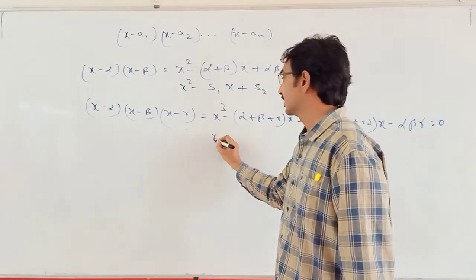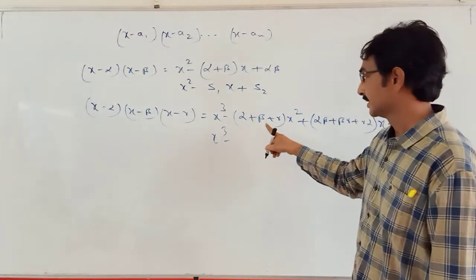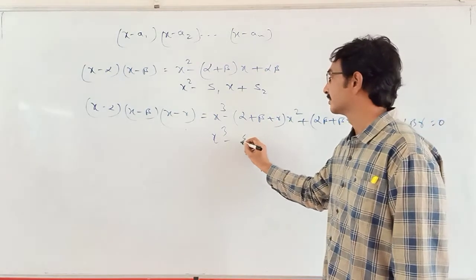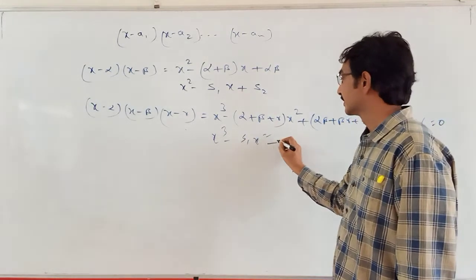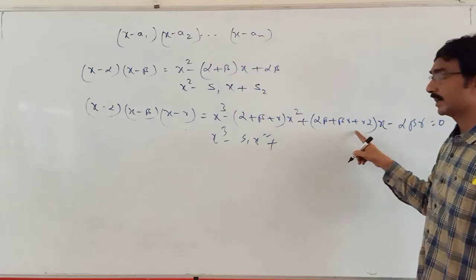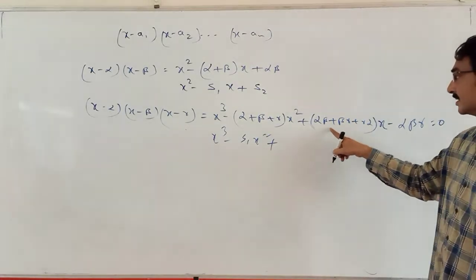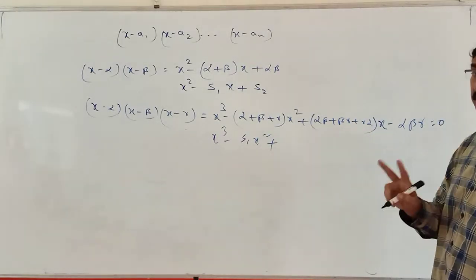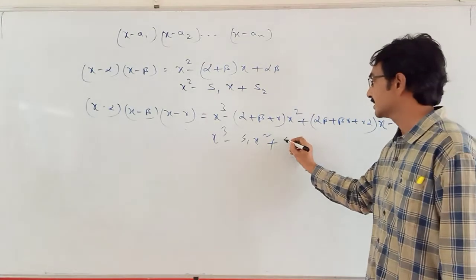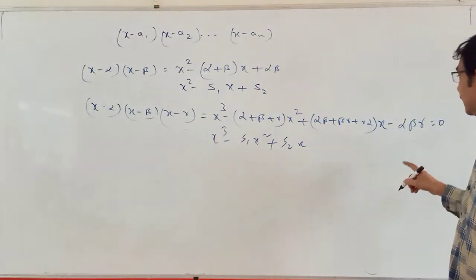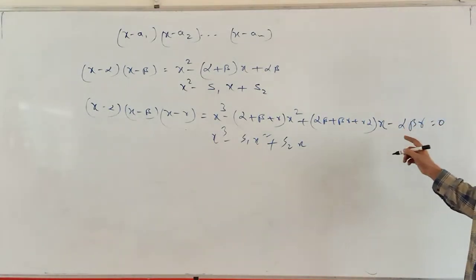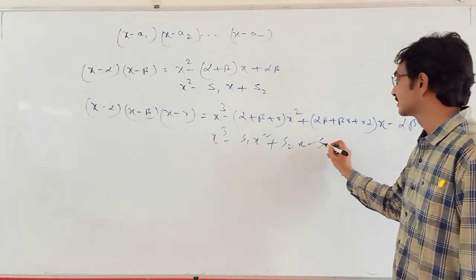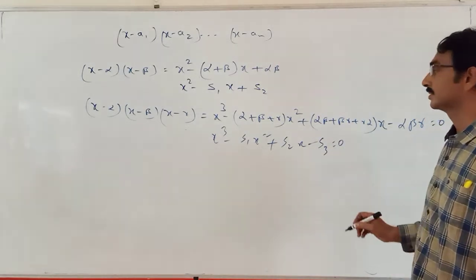So this is nothing but x cube minus S1, where S1 is the sum of the roots. Similarly, this is denoted by S2 because this is the sum of the products of the roots taking 2 at a time. And this is the product of the three roots, minus S3 equal to 0.